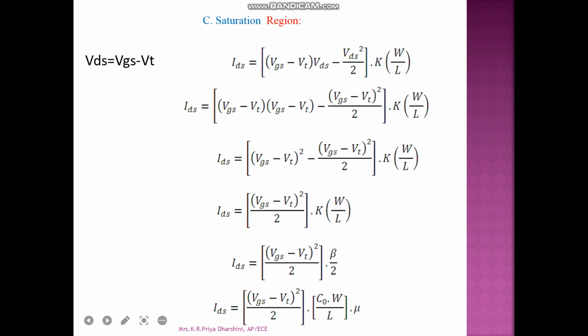So (VGS minus VT) into (VGS minus VT) can be written as (VGS minus VT) the whole square, minus (VGS minus VT) square, as usual. So the common terms can be taken here into W divided by L. So this can be replaced as beta divided by 2.